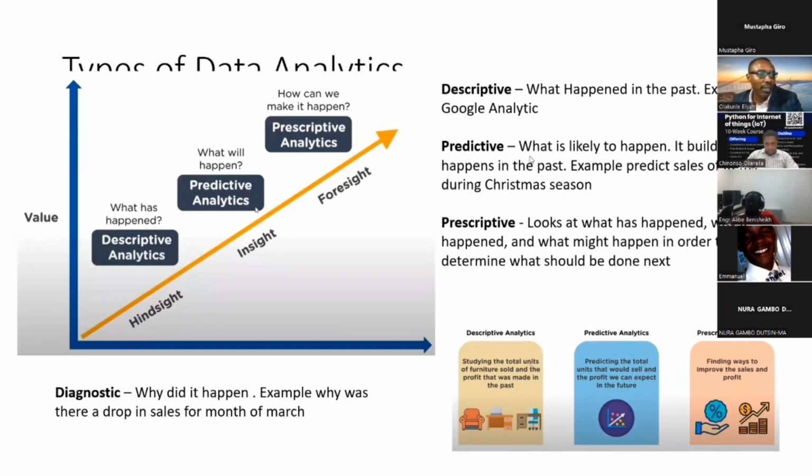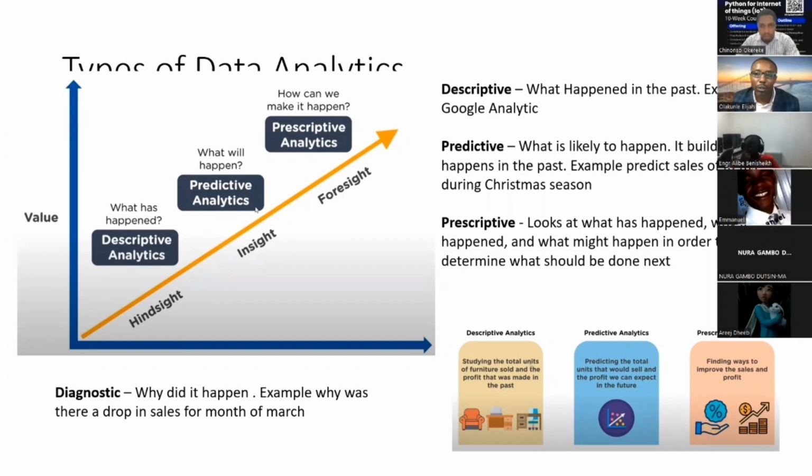For predictive analytics, it tells you what is likely to happen, based on what happened in the past. An example is predicting the sales of items during the Christmas season. Based on your previous data, it's able to tell you that within the festive period, you are likely to get a certain amount of demand for certain products, and that helps you to prepare ahead.